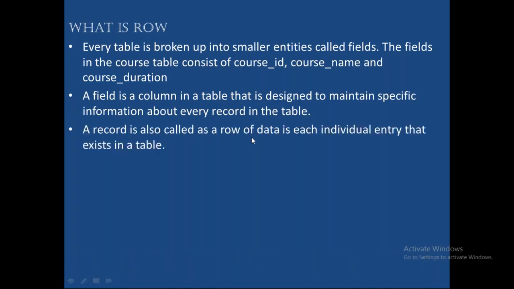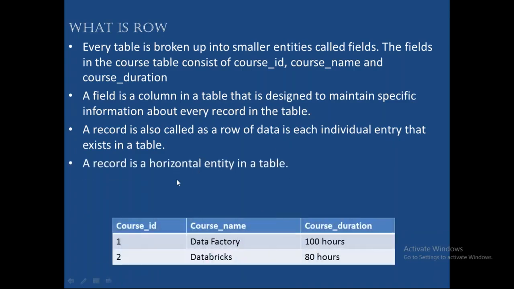Okay, fine. Next, a record is called a row. A record is nothing but a row of data. A row of data is each individual entry that exists in a table. Example, I will show you here. You see here, 1 Data Factory 1000 hours.